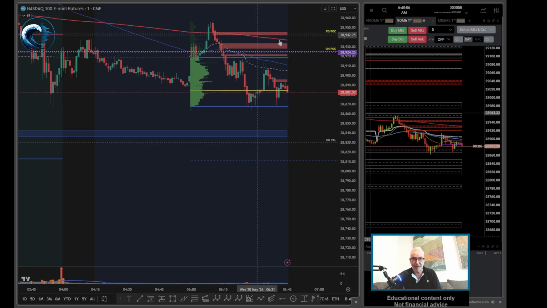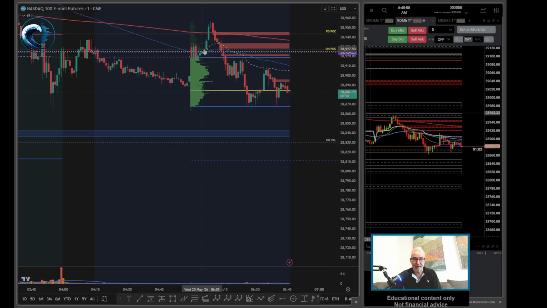But knowing there's a POC up here could have been an opportunity, especially on this candle here. Once I got through that, it might have been an opportunity to take a trade, but it's very early on, so I'm trying to control my trading.